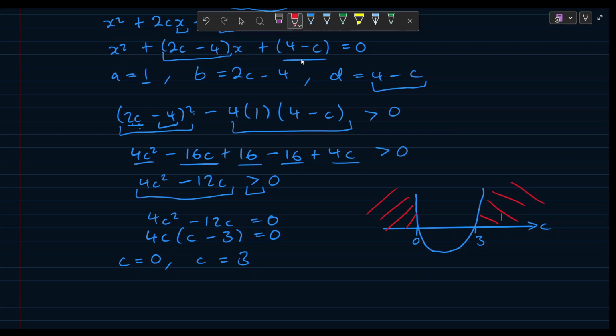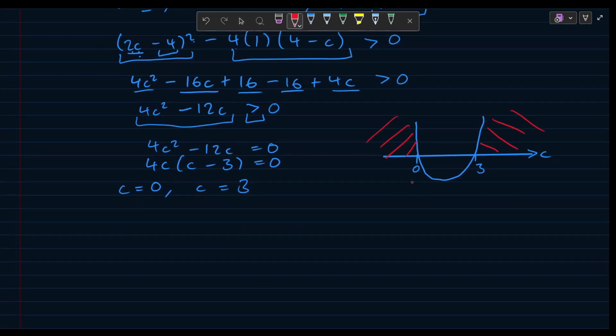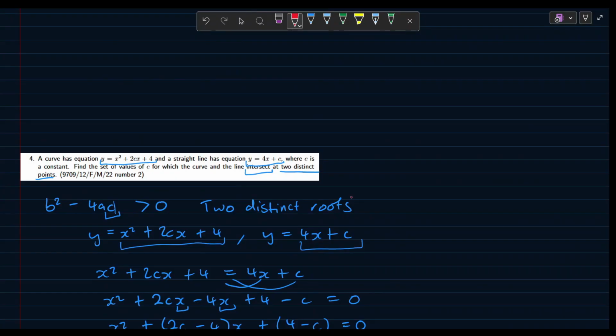Alright, so you get that either c is less than 0 or c is greater than 3. Okay, these are the regions in which our curve and line intersect at two distinct points. Alright, and again, like I said, they said set of values, and so your final answer was an inequality.